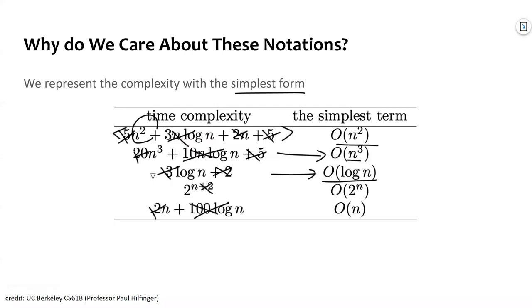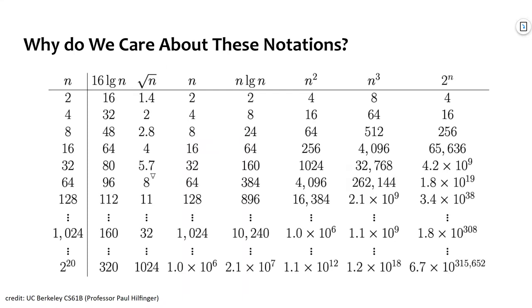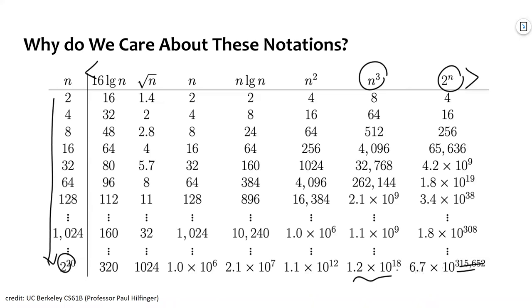So when we analyze algorithms, we usually use the big O notation. That is the basic case. The reason is, let's say when n becomes these values, and these are some time complexities. As you can see here, when n becomes very large, when you compare 2 to the power of n and n cubed, you don't have to care about this number because the dimension is very, very different.